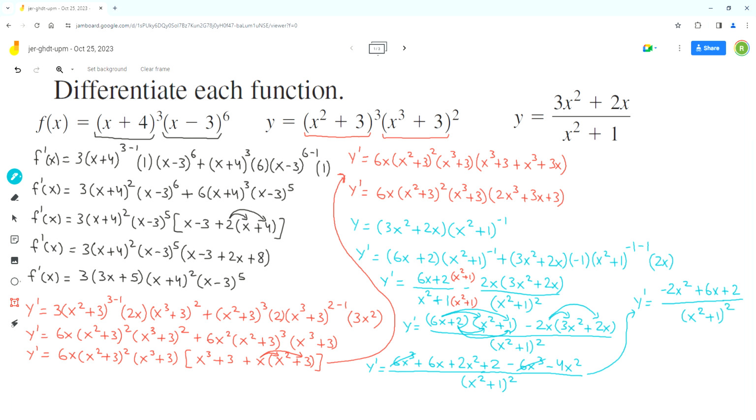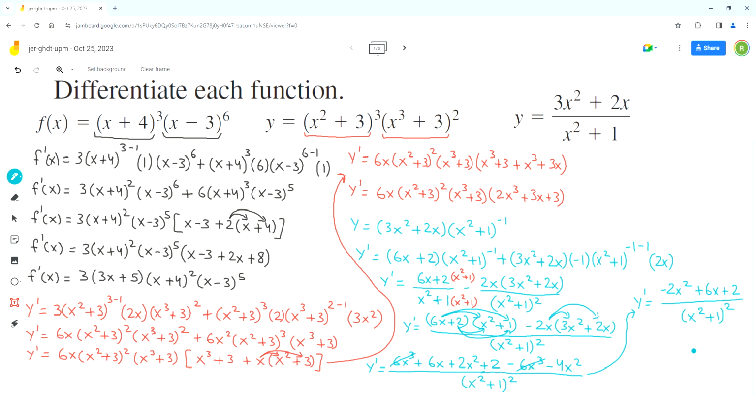So this should be the final answer for the derivative of this third function. Now we can also factor out a negative 2 if you want from the numerator to show it in the factored form, or you can keep the expression like this and it should be fine.